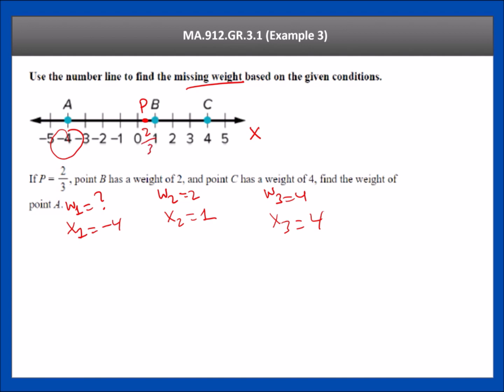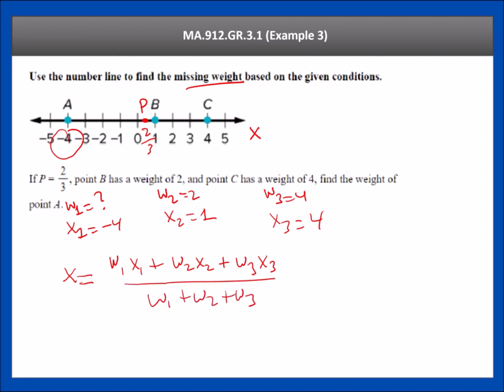All right, so here, let's write down the formula. The weighted average formula is x equals W1 x1 plus W2 x2 plus W3 x3, because we have 3 points, over W1 plus W2 plus W3. And we know x is 2/3 because that is the point that they give you for the weighted average. So that's actually the weighted average that they gave you there, point P, okay?